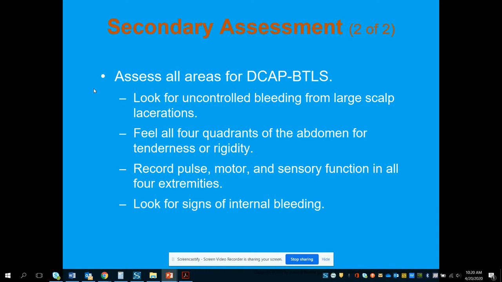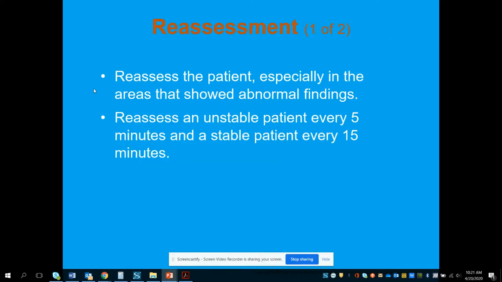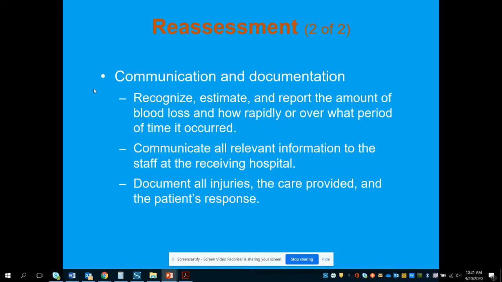You're also going to be looking during your secondary assessment for any DCAP-BTLS, and any bleeding that was not a life threat can now be addressed at this point. We're looking for PMS in all our extremities, and looking for signs of internal bleeding. Then we're going to reassess every 5 minutes if the patient is potentially unstable, and every 15 minutes if the patient is stable, and we're going to be communicating with the hospital about what's going on.